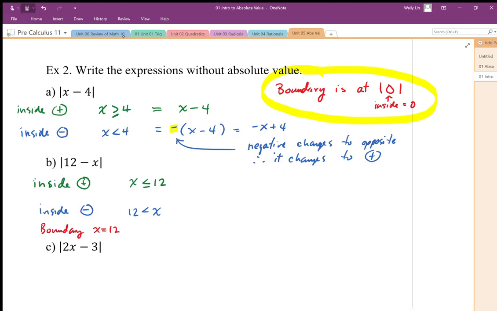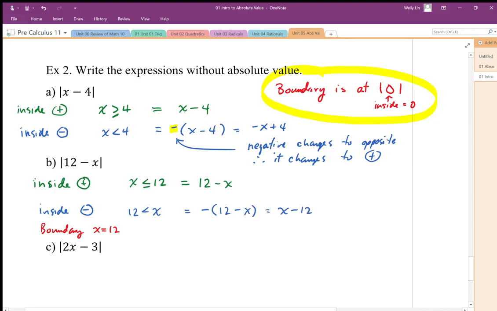Once we've established the domain, I know that this expression is just going to stay the same for the positive, and if it's negative, we have to flip it. I'm just going to rewrite it as x minus 12.